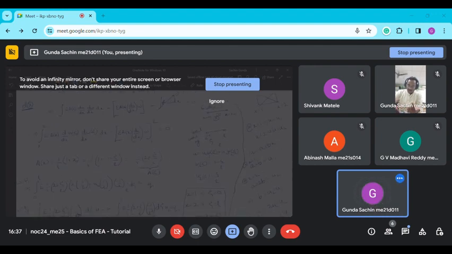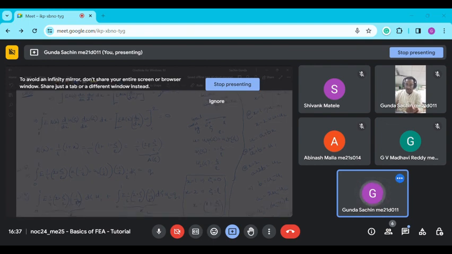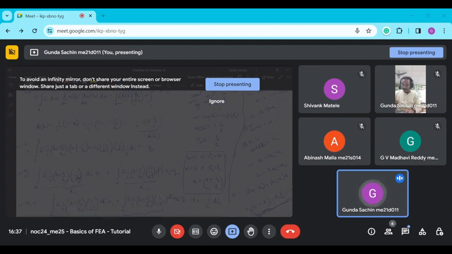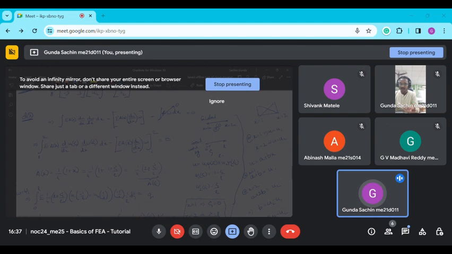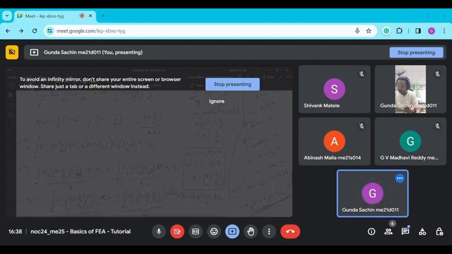Right now, if you want to use these local shape functions, which are the standard 1 minus x by l and x by l, then you have to convert the integral in terms of the local coordinate system. If you don't want to convert the integral, you can just find the shape functions for this element in the global coordinate system. In this case, it's 2 minus x and x minus 1.